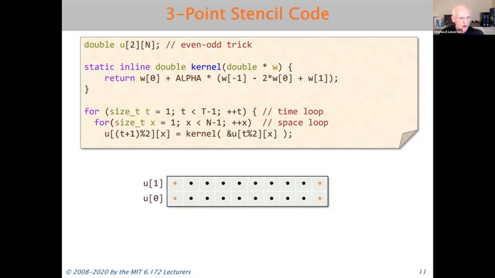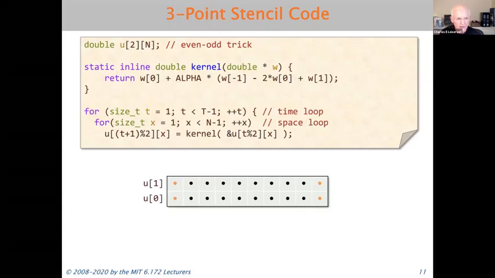Now, here's the code. So you can see it's pretty short. Basically it's just putting that update into a doubly nested loop. The outer loop, the time loop, indexes over time, and the inner loop, the space loop, indexes over space.